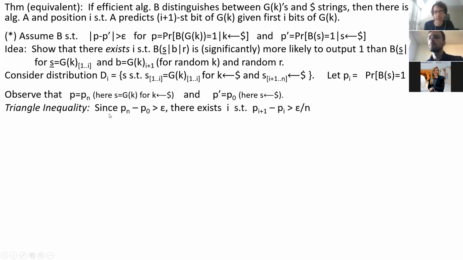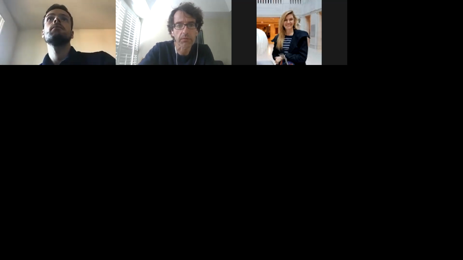And now by triangular inequality, you have a step at which the distance between P_i and the next one is at least epsilon over n, right? Because I just assumed for simplicity of notation that P is greater than P prime. Okay, again, I didn't say this here. I said it on the previous slide. What I'm assuming is this.